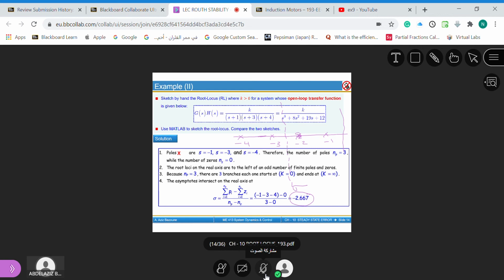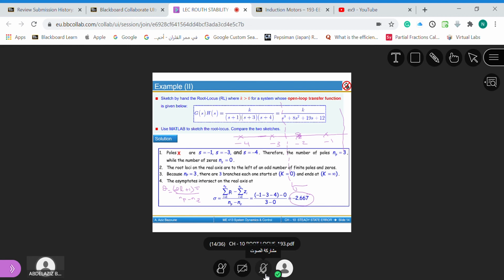Now we will see the asymptote angles. If you remember, we said we calculate the asymptote angles like this: theta is equal to (2L plus 1) times pi divided by np minus nz.